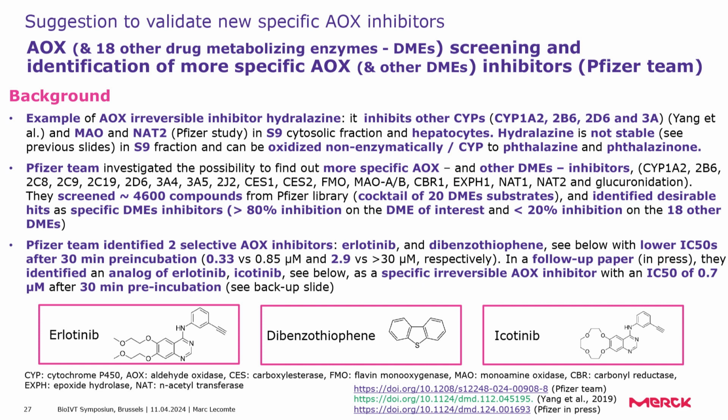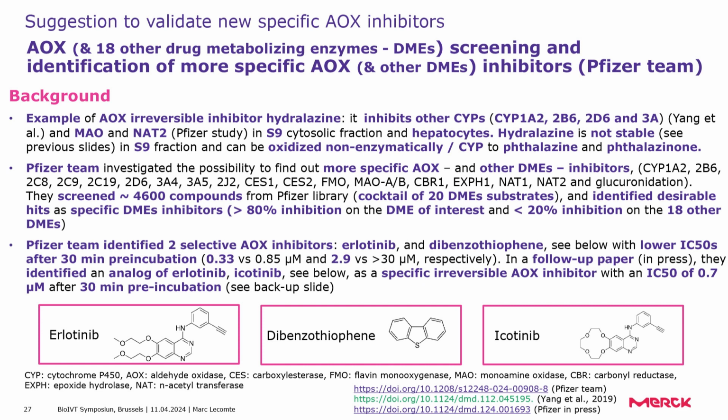So this is the paper. It also inhibits MAO and NAT2. I also showed you that hydralazine is not stable and gives rise to phthalazine and phthalazinone. So the Pfizer team looked at more specific AOX inhibitors, and they looked also at other inhibitors for all this series of enzymes here.